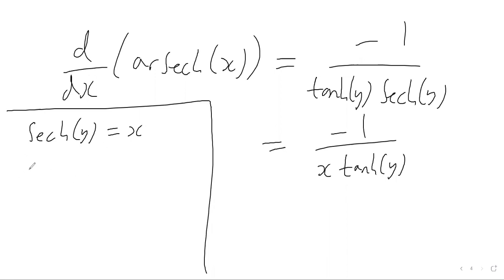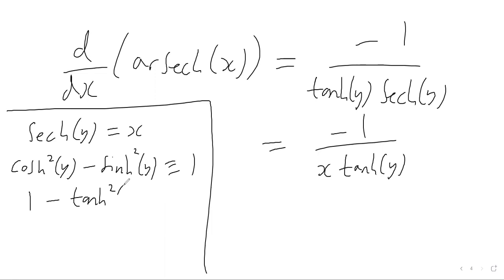What else do we know? Well, we know one of these hyperbolic identities, and we can derive it as so. We know that cosh squared y take away sinh squared y is identical to 1. If we divide everything by cosh squared, we get 1 minus tanh squared y equals sech squared y.